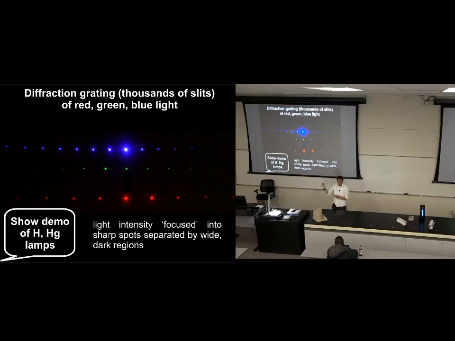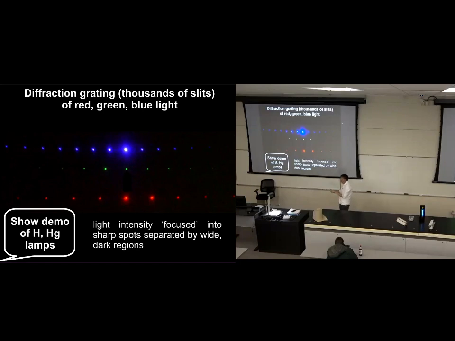All the light's energy, all the light's intensity is focused in these bright spots. And then between them, despite the fact you shone all this light through these slits, between them are these great big gaps of destructive interference where it's just dark. And so this is the pattern that emerges when you have hundreds or thousands or tens of thousands of slits rather than 1 or 2 as we've discussed, or 3, 4, and 5 as I showed.